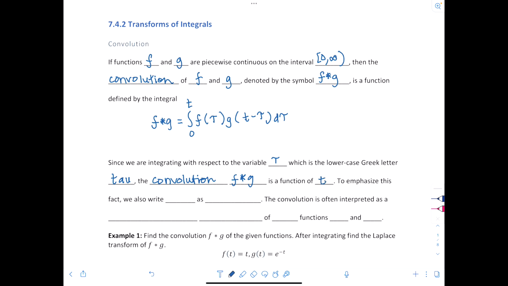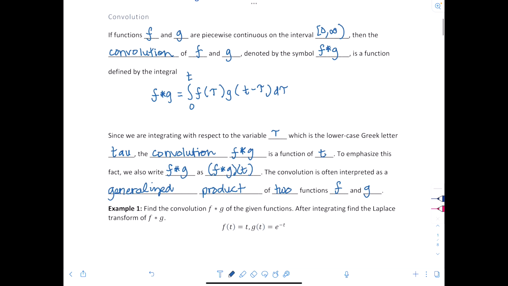So to emphasize this fact, we also sometimes write the convolution of f and g as f star g at time t. The convolution is often interpreted as a generalized product of two functions, f and g.